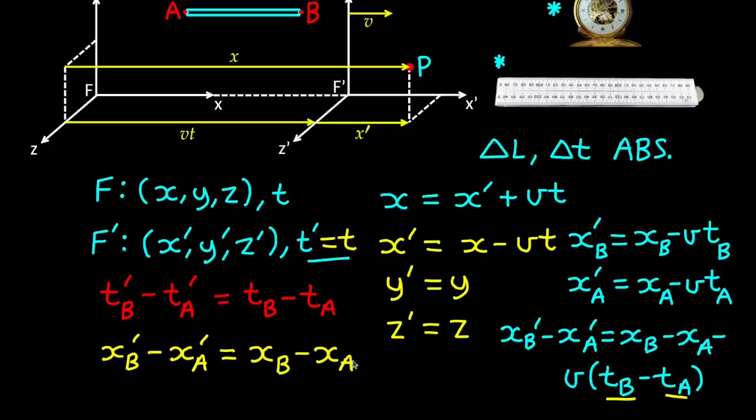So it's critical that we measure the endpoints at the same time to define the length of our moving rod, since that rod is moving with respect to the primed frame. Therefore, the measurements of our space and time intervals are absolute according to our Galilean transformation. As we can see, the velocity didn't enter into these results, so the length and time intervals are the same for all observers in inertial frames.